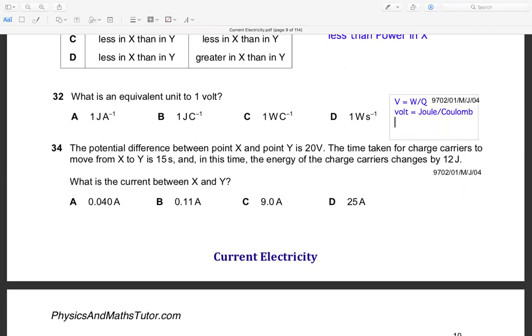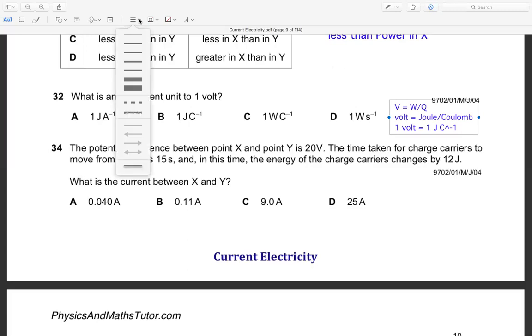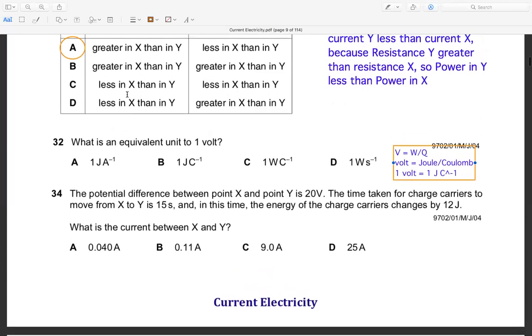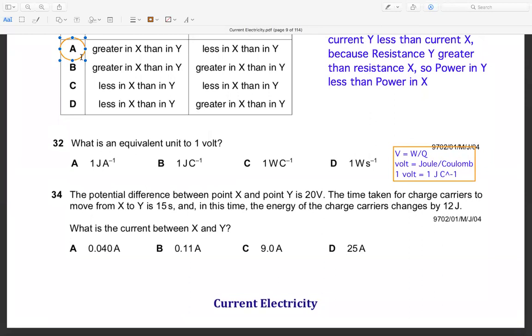Maka 1 volt itu equals to 1 joule coulomb minus 1. That's it. Jadi jawabannya adalah yang B. Joule per coulomb.